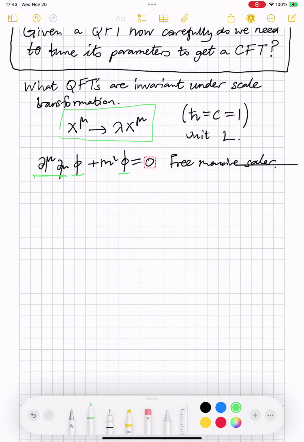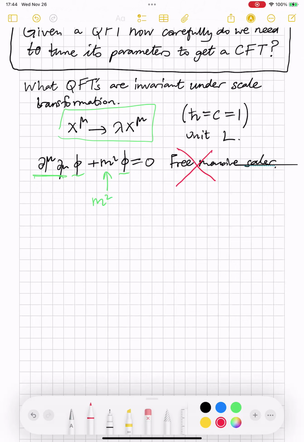But this term will not transform, because m² is some parameter that you've given me. It's some mass squared. And of course, if I just change coordinates, x^μ into x̃^μ equal to λx^μ, why on earth would the mass change? It won't change at all. So in fact, the free massive scalar has got no hope of being invariant under this coordinate transformation.